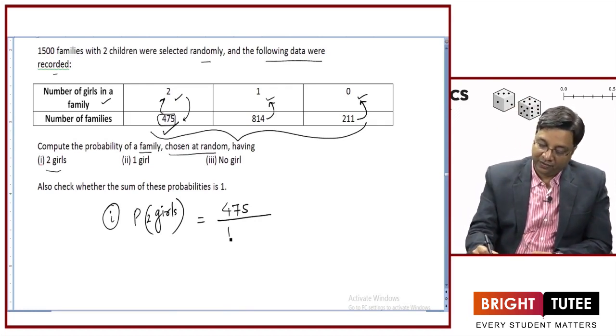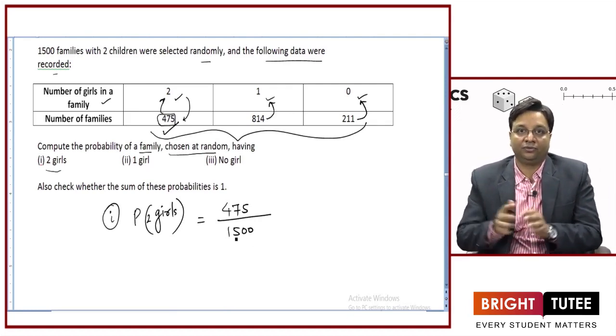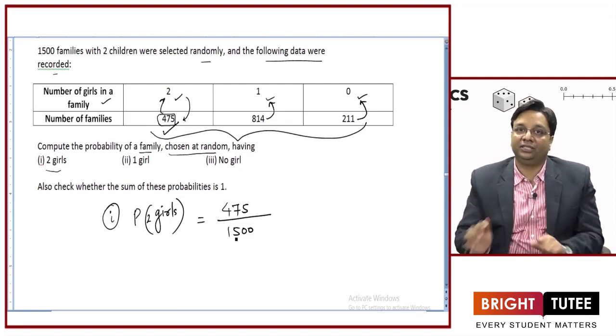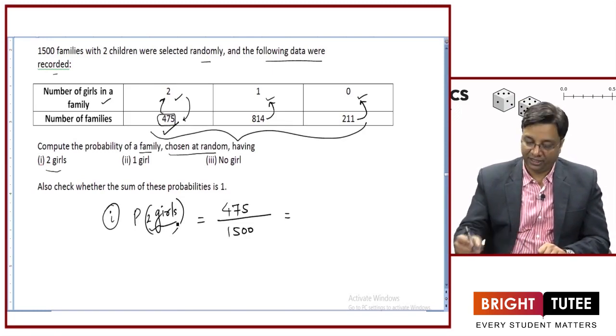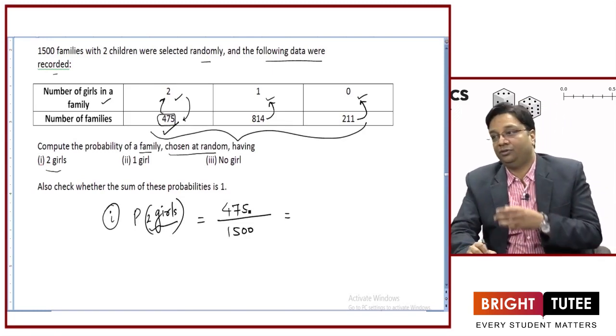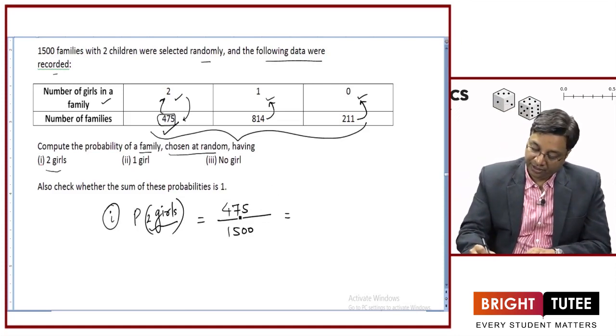And divided by obviously 1500, that is the total number of families that were being observed, or for which we are making these observations. So this will be the probability of 2 girls in a family out of these 1500 if you pick a family at random.